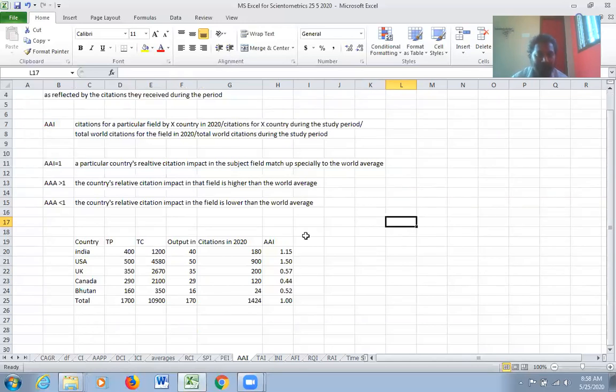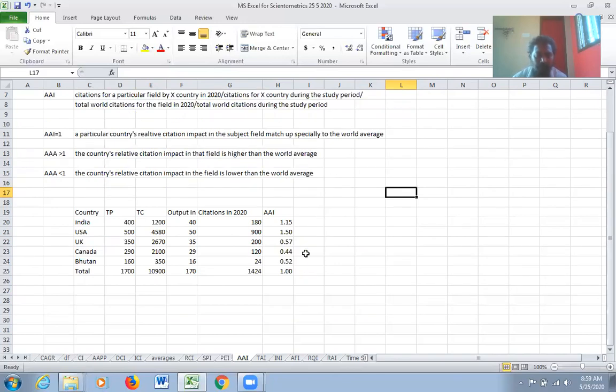Fine. So what is the formula? The formula says citations for India in 2020 divided by citations of India during the entire study period. This first part of the formula is divided by total world citations in 2020 divided by total world citations for the entire study period. So this is normally calculated for an individual specific field.